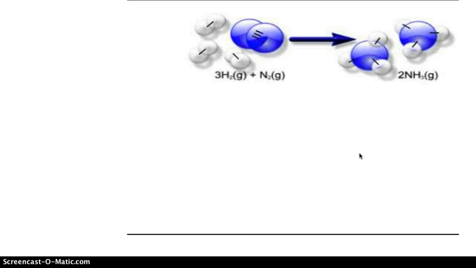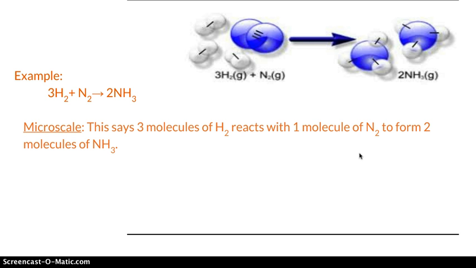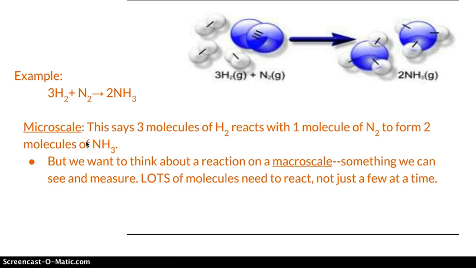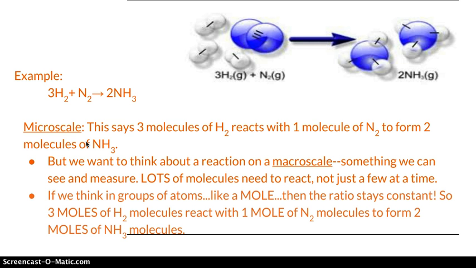So let's think about a reaction on the big scale. If I have this reaction, 3 molecules of hydrogen reacts with 1 molecule of nitrogen to form 2 molecules of ammonia. This is what I've been having you draw pictures of in class, and what the picture here on the screen is showing you. I can think about this in terms of molecules, but we want to think about this reaction on a macro scale, something we can see and measure in front of us. Lots of molecules need to react, not only a few at a time.